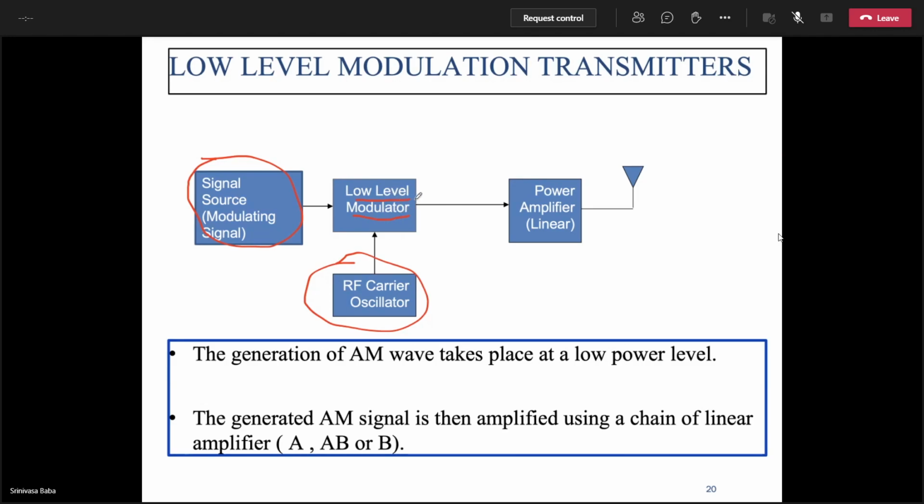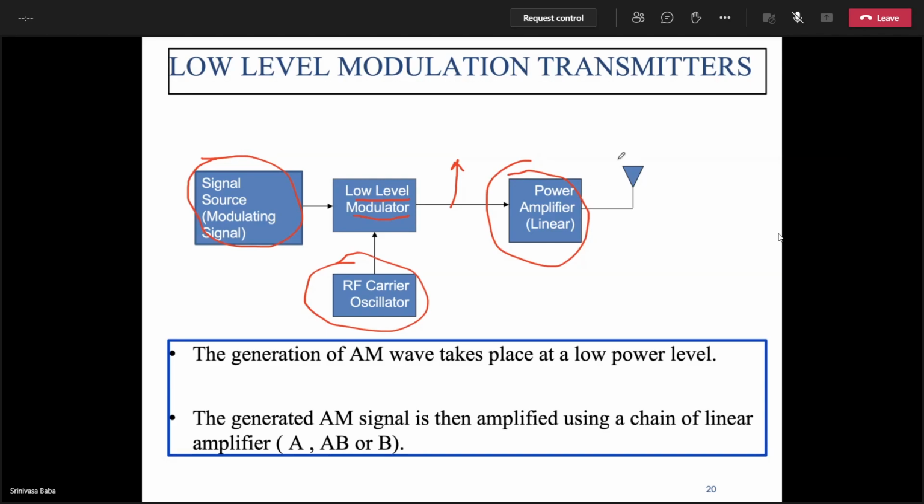Then once the modulated signal is available here at the output of the modulator, say if my AM signal is present, then I can boost the signal strength with the help of an amplifier, and that amplifier will raise the level of the signal strength to a desired value, 1 watt or 10 watts or 1 kilowatt or 100 kilowatts or 1 megawatt, depending on that.